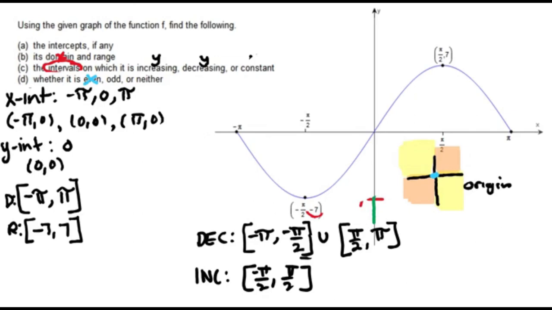So taking a look at our example, the origin is right here where the x and y axis cross each other. And I'm looking in opposite quadrants to see if there's a mirror image. And it looks like to me there is a mirror image. I can see that in quadrant 1, I have a mirror in quadrant 3.